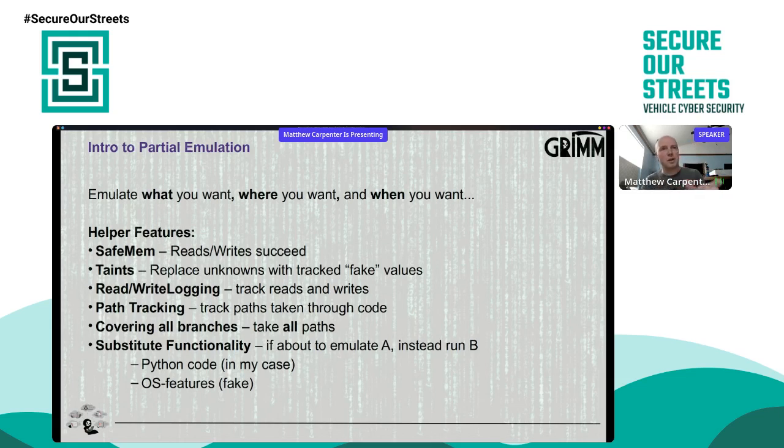So if I've got an instruction that says, please read this from that memory location over there. Let's say that memory location doesn't work. What happens? In a debugging world, the debugger throws an exception and the program crashes, or allows you to change it or do something. Safe mem says, I don't know what it is, but I'm going to give you just some canned response that's identifiable.